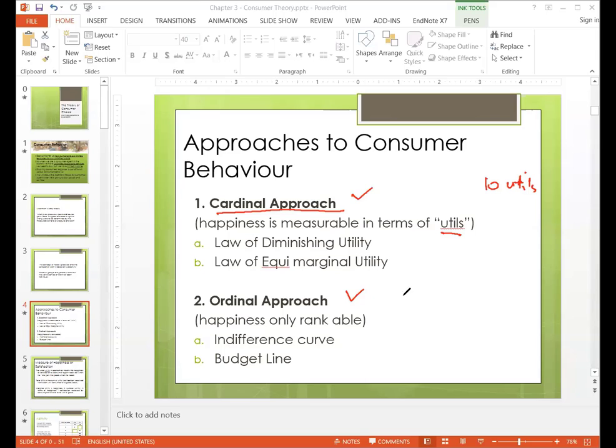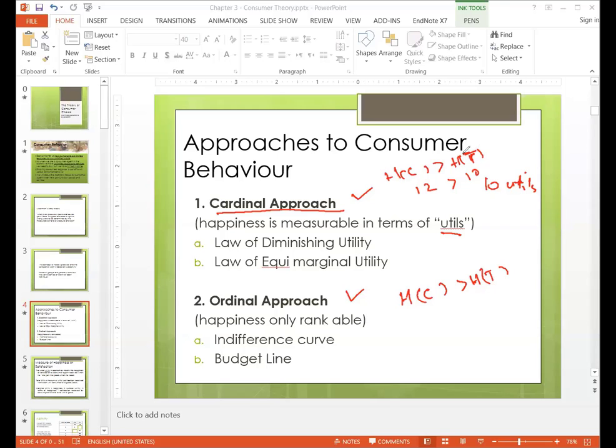So he can say that happiness from coffee is more than happiness from tea, but he doesn't know what the number is. Here it says that happiness from coffee is better than happiness from tea because happiness from coffee is 12 and happiness from tea is 10.